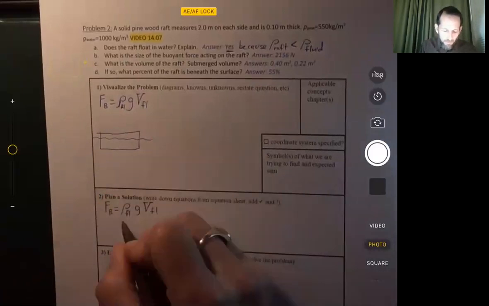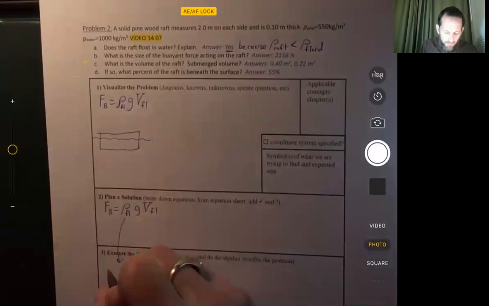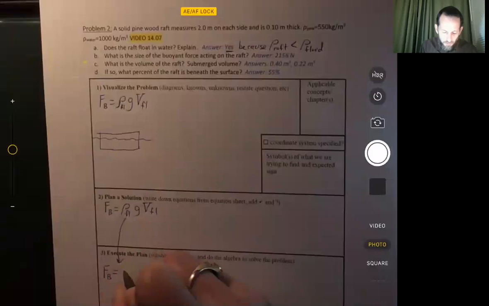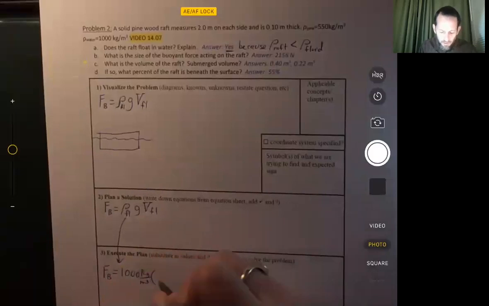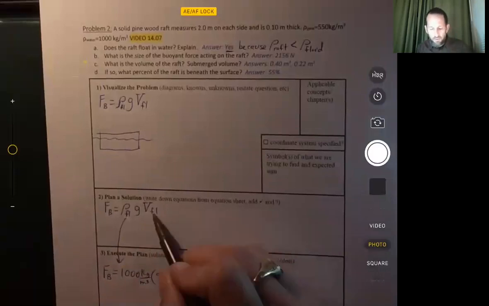And so we go to implement this for part B, and we say, all right, well, that's easy. We know the density of the fluid, 1,000 kilograms per cubic meter, times 9.8 times, let's see, the volume of the fluid.